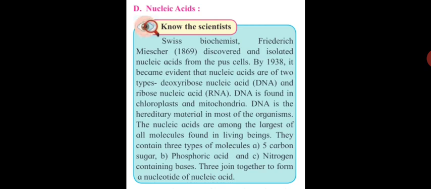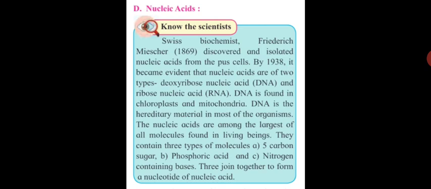By 1938, it became evident that nucleic acids are of two types, which are deoxyribose nucleic acid, means DNA, and ribose nucleic acid, means RNA. DNA is found in chloroplast and mitochondria also, except nucleus. DNA is the hereditary material in most of the organisms.